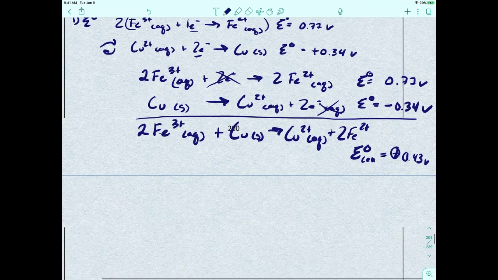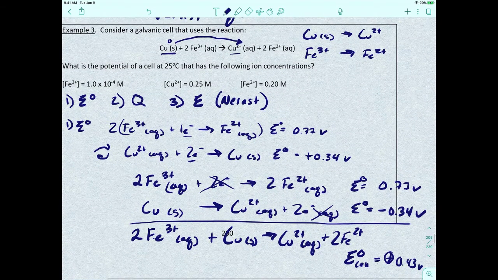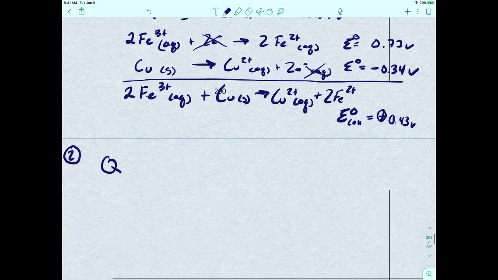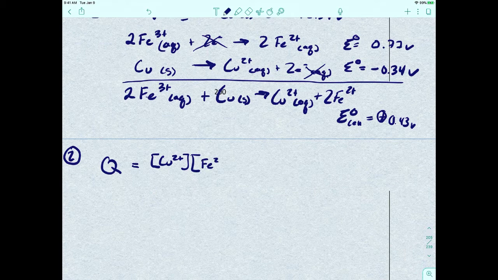Now that we've got the cell potential, the next part is to calculate the reaction quotient, Q. Q is going to be the concentration of copper 2+ times the concentration of Fe2+ squared, divided by the concentration of Fe3+ squared.